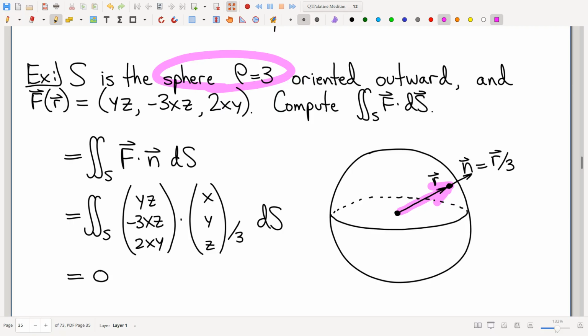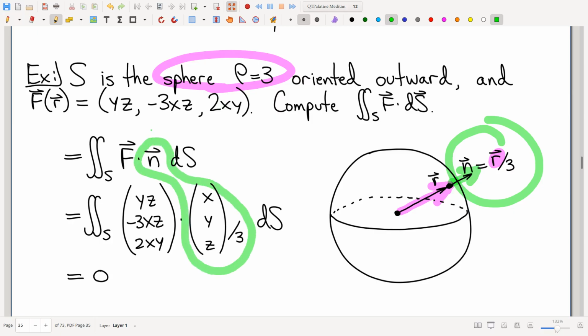Only spheres centered at the origin have this, but it remains that the r vector is perpendicular to the surface. So if I want the unit vector perpendicular to the surface, all I have to do is normalize the r vector, and check it out. Nice, handy, super easy formula for the unit normal vector there. That make sense?